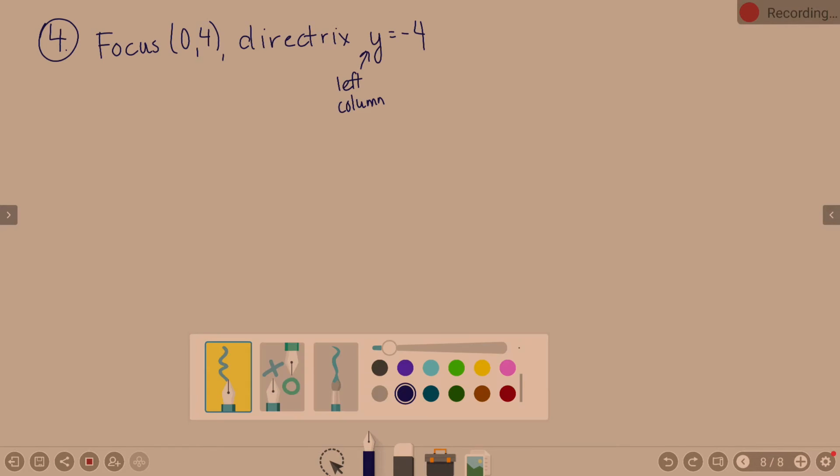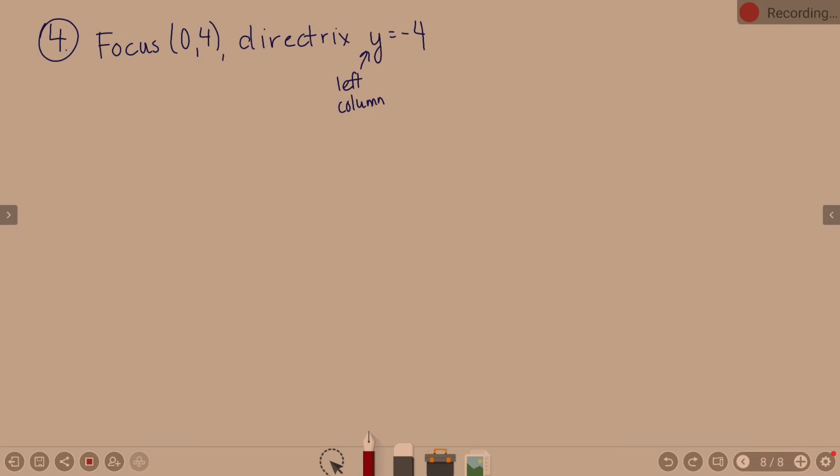So I would use the top chart, where it's a parabola with vertex (0, 0). According to the chart, my focus is (0, p) and my directrix is y equals -p. Okay?